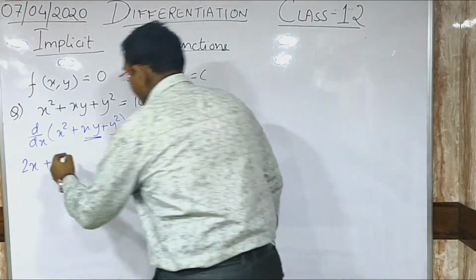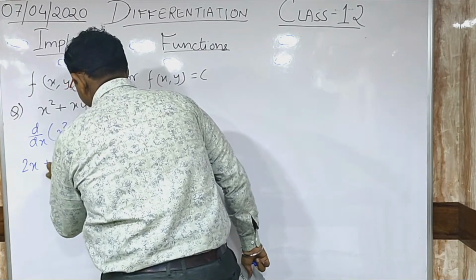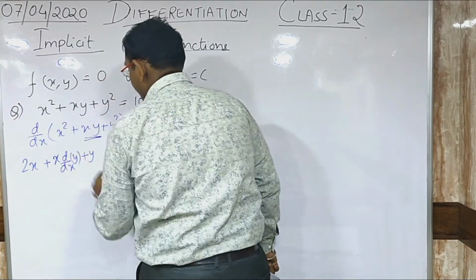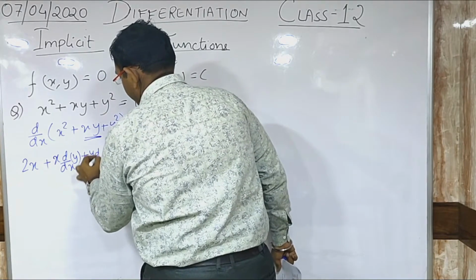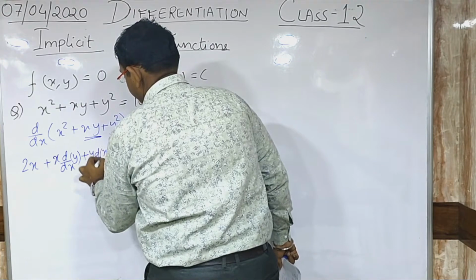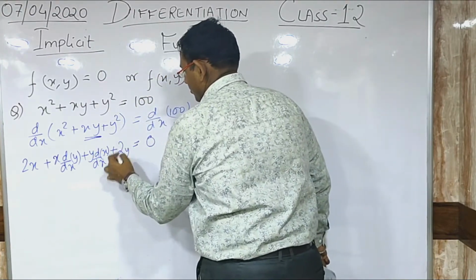The UV method says the first function will remain as it is, times the differentiation of the second function, plus the second function will remain as it is, times d/dx of the first function, plus the differentiation of y squared, which is 2y.